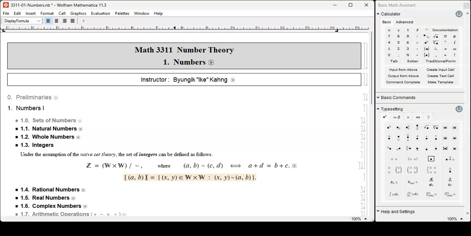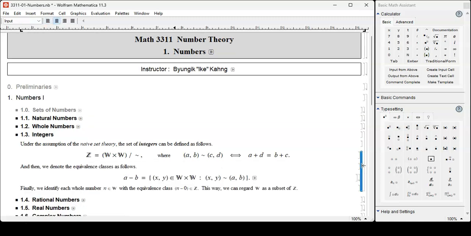Sometimes we used bar notation, but in this particular case, we're going to use this expression, A minus B. So A minus B, eventually subtraction, is actually an equivalence class, defined like this.